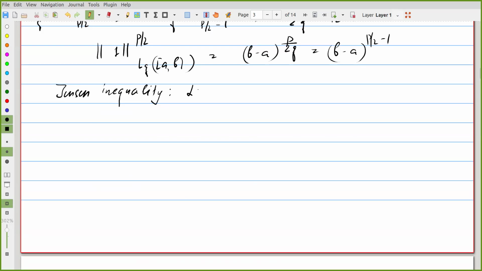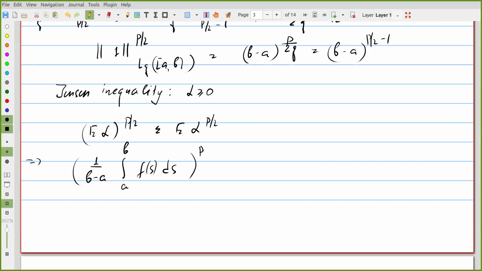If we have a non-negative random variable, which means that if you do such types of integrals, now this is a probability measure, we obtain this by dividing. This is less than 1 over b minus a times the integral over AB of f to the p over 2 s ds. So again, this is why we have one less power.